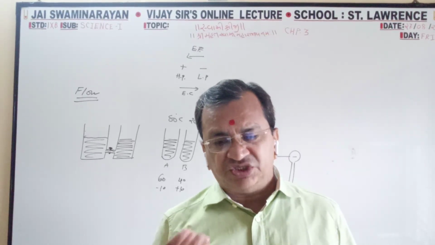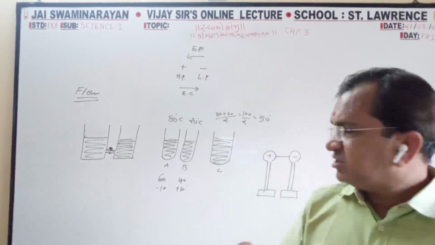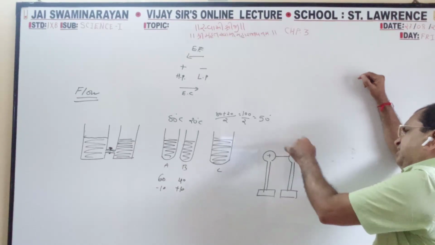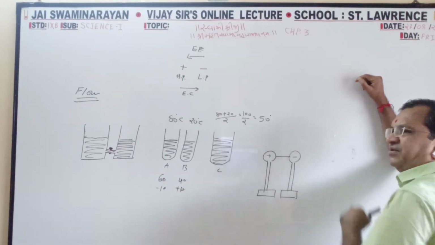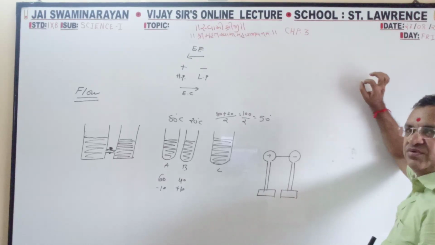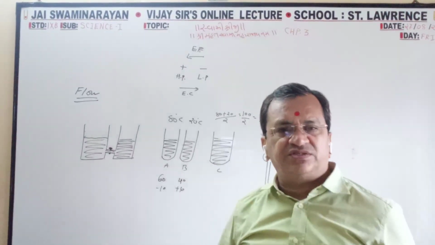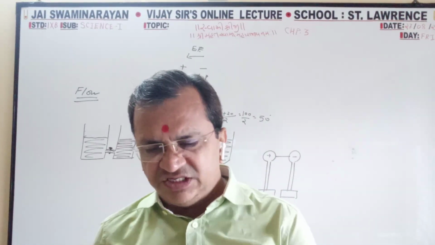The potential difference means the difference between the higher level and the lower level. Whatever the difference between the higher level and the lower level, that is the PD, the potential difference of the battery. How to find out the potential difference of the battery? It is work done divided by charge transferred.